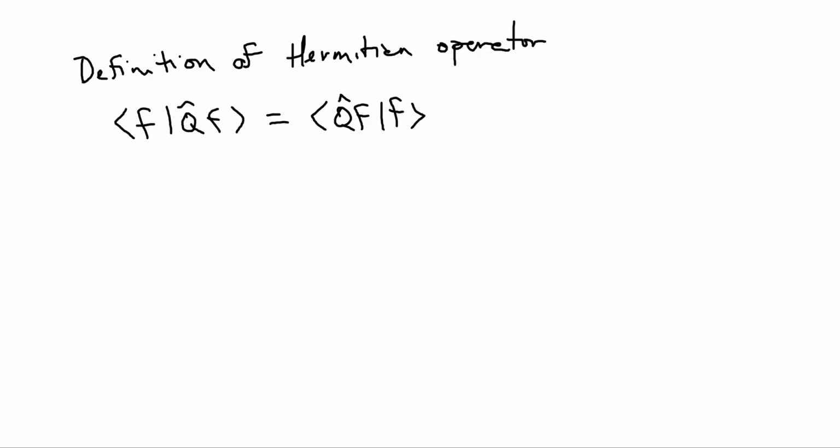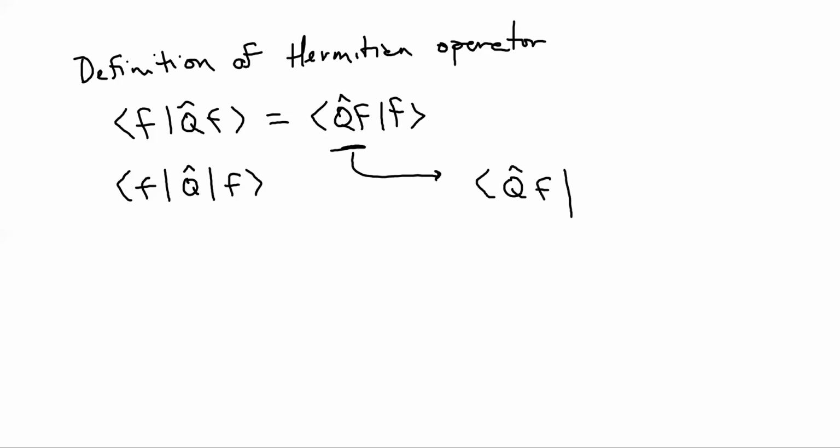In Dirac notation, strictly speaking, that's not really how you would write it. You should really write the left-hand side with the operator separated in that way. On the right-hand side, this part doesn't make a whole lot of sense.